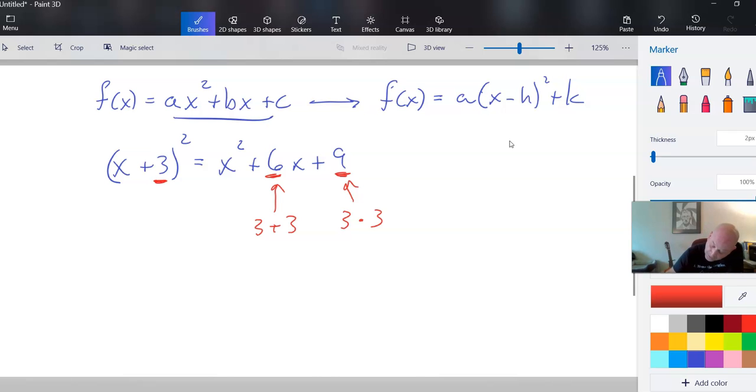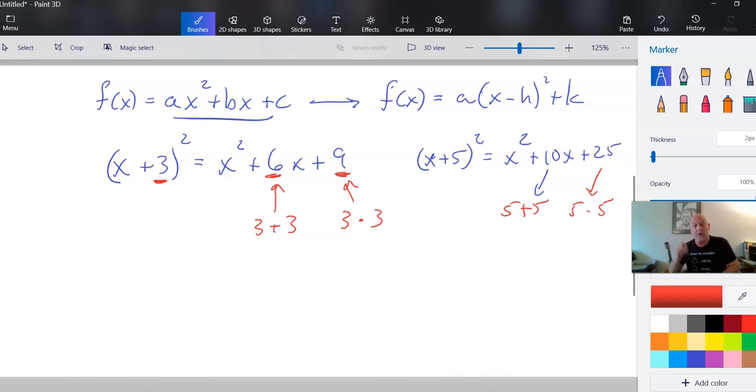If I take another polynomial, right? If I take something like x plus 5 and square it, what I end up with is x squared plus 10x plus 25. Again, if I look here, this is 5 plus 5, and here, this is 5 times 5. That relationship always holds true.